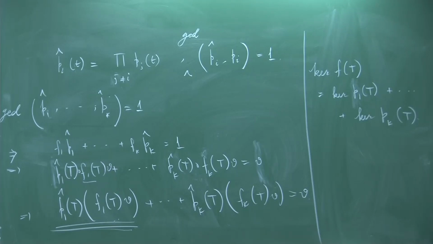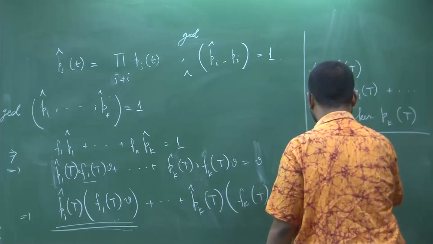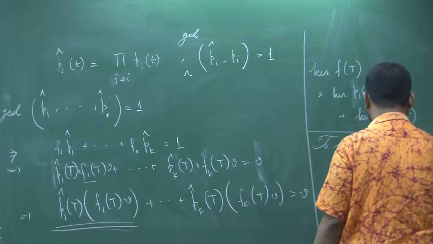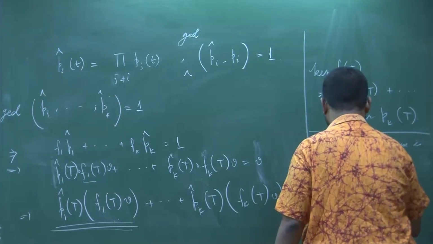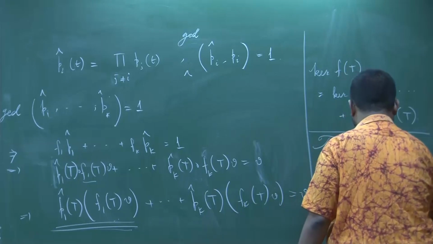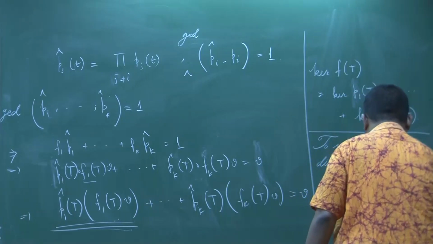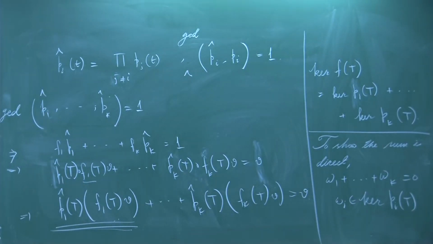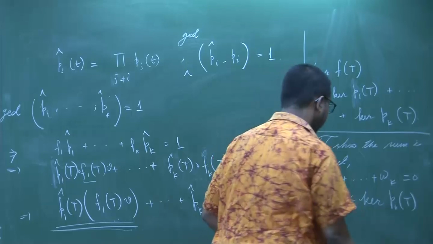To show this is direct, assume W1 plus up to Wk is 0, where each Wi lies in the kernel of Pit. Then we would like to show Wi is 0 for all i, right. That is enough to show the sum is direct, this is what we need to show. Okay.